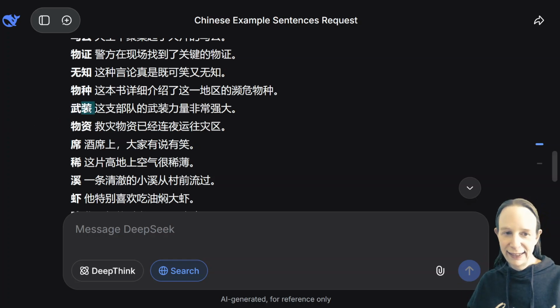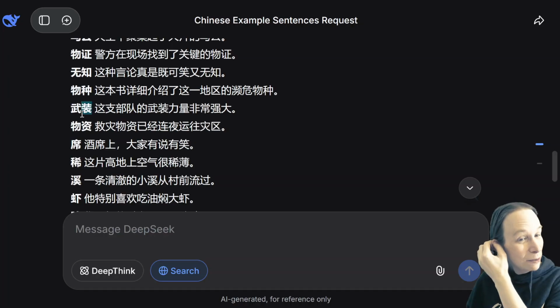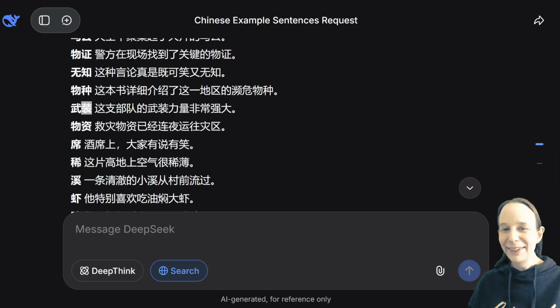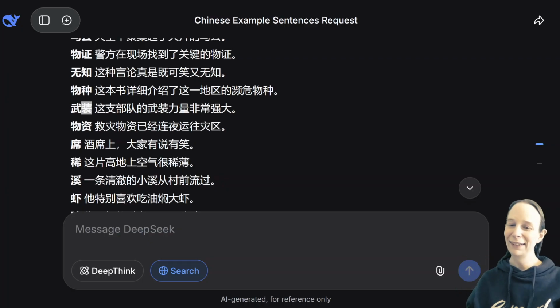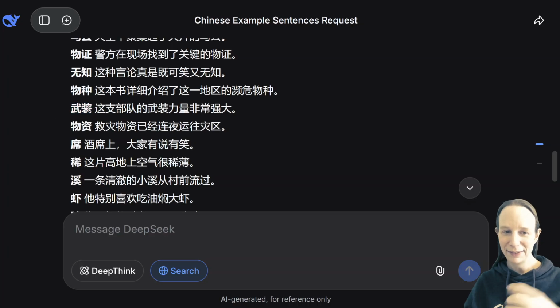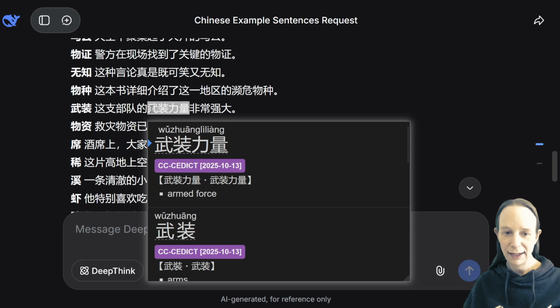武装. 武 is 武器, weapons, like guns. And 装 is equipped with. You can use 装 for installation, but it can also mean equipped with. So equipped with weapons means you're armed. 这支部队的武装力量非常强大.